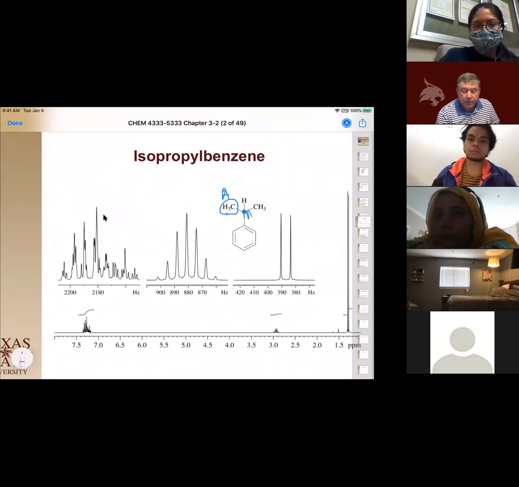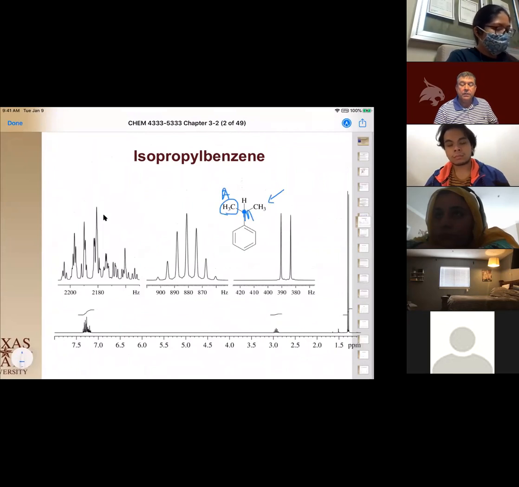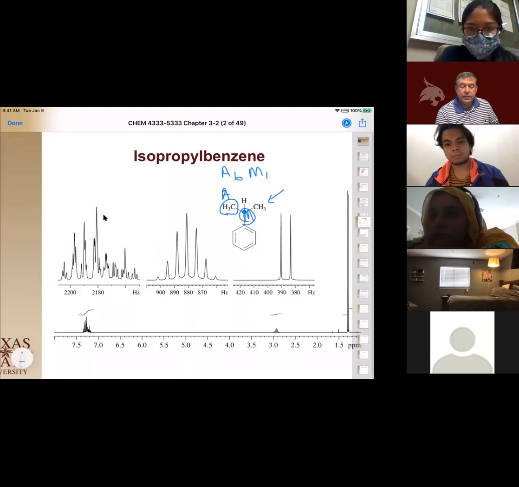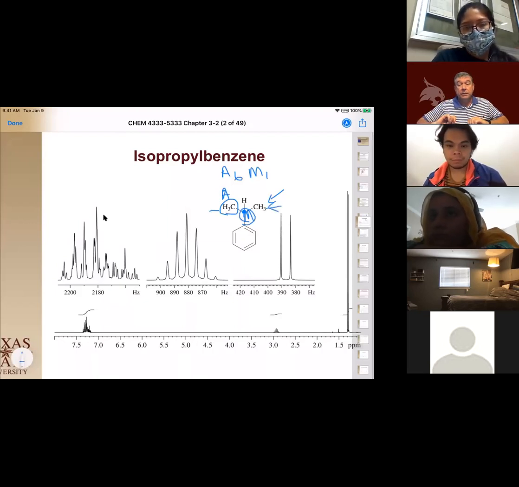And this is our M because it's attached to it. And this is equivalent, so this is also an A. So in our Pople notation we have an A6M1, because there's 1 hydrogen attached to here, but there are 2 A positions that are equivalent, and therefore it's an A6M1.